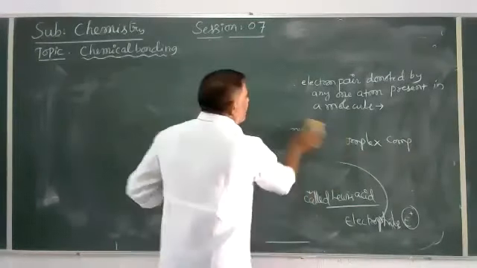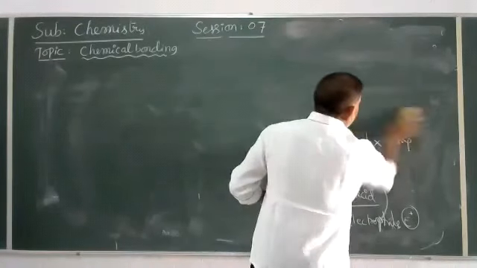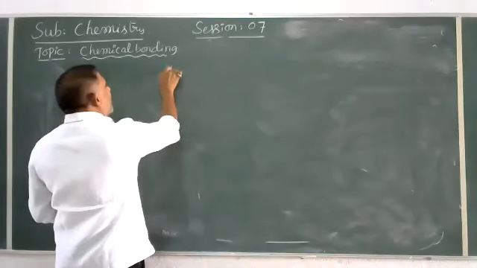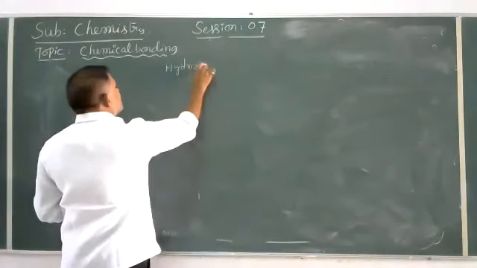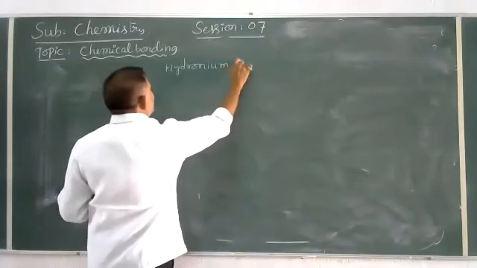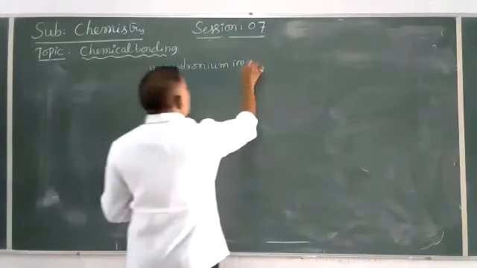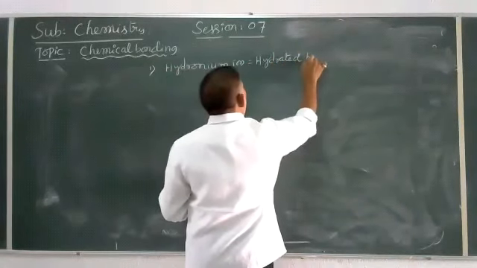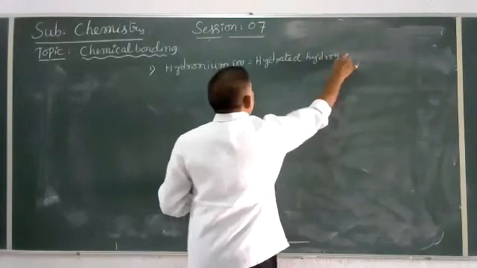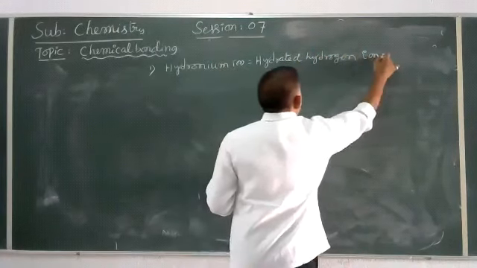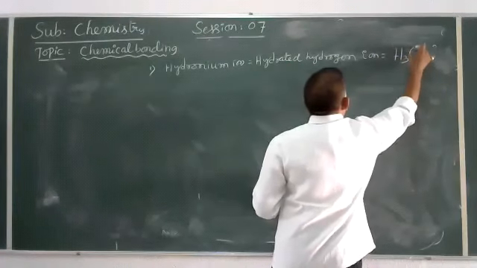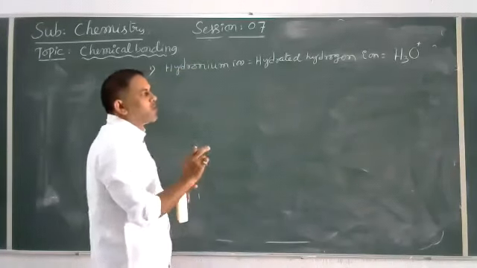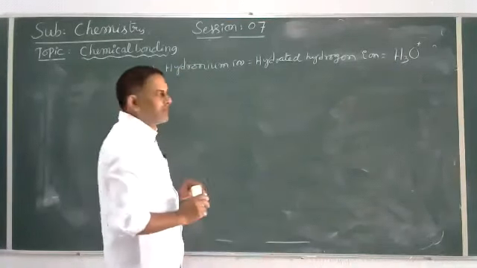In first year, in Lewis acid-base theory, in equilibrium concepts, the hydronium ion is one example. This hydronium ion is also called a hydrated hydrogen ion. Its formula is H3O+. The plus is not on oxygen, it is on a hydrogen atom.